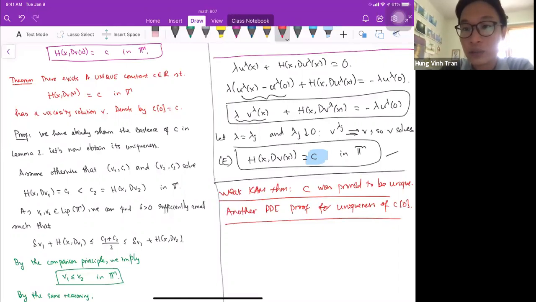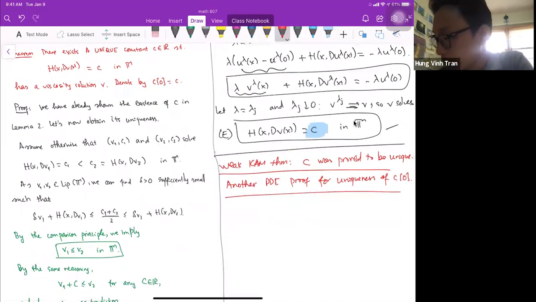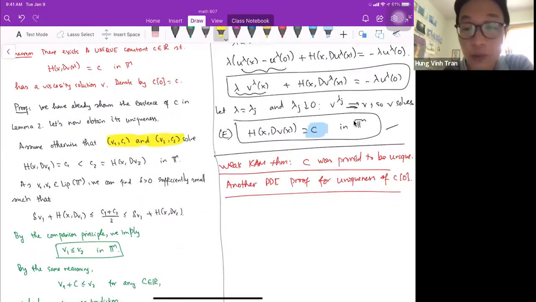So how do we do this? Let's do it quickly. Assuming otherwise, suppose you have two pairs, (v1, c1) and (v2, c2), with c1 less than c2. Of course, they solve the equation, but c1 is strictly less than c2. The trick of Lions, Papanicolaou, and Varadhan is always the very natural and same trick. And this kind of trick doesn't just work for Hamilton-Jacobi.